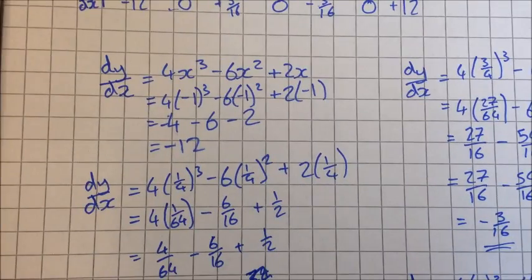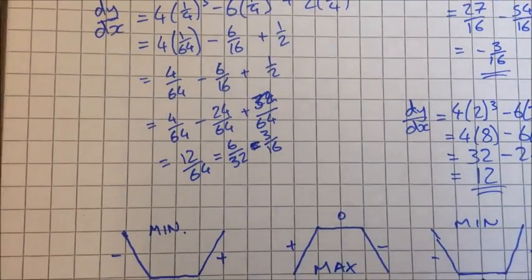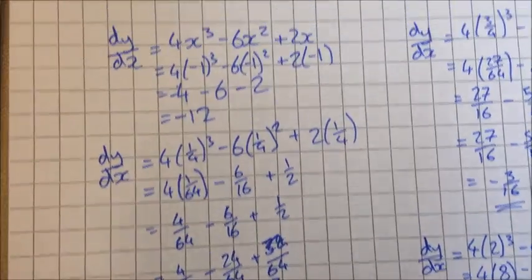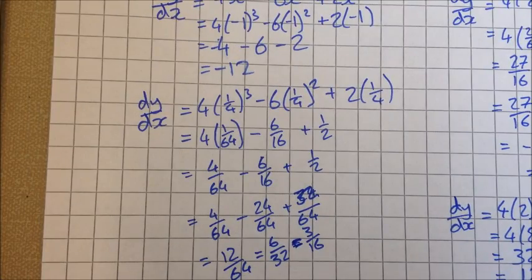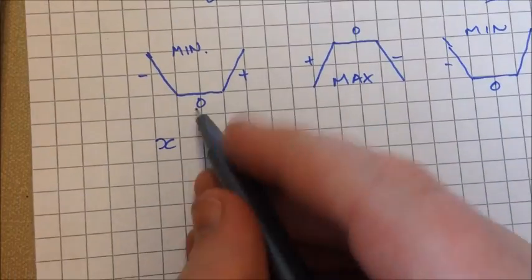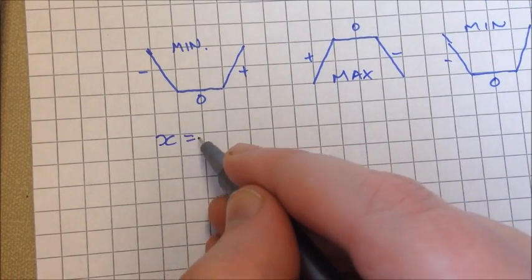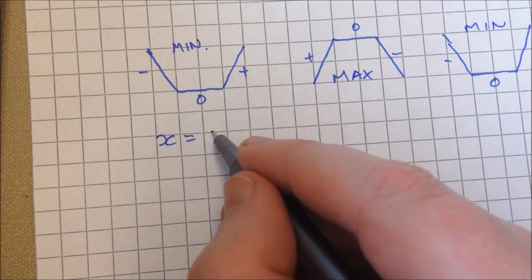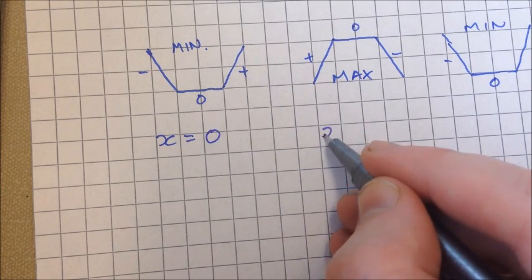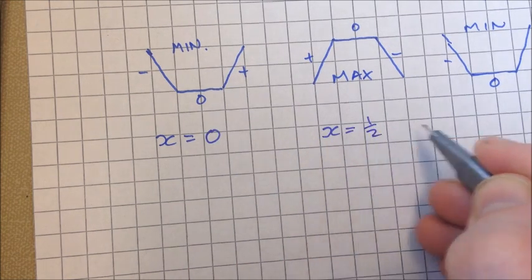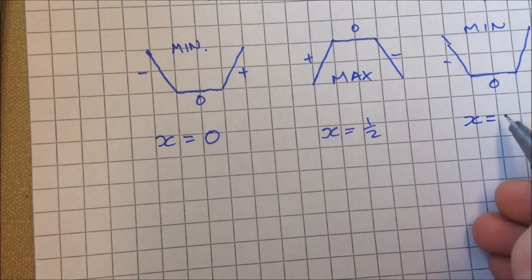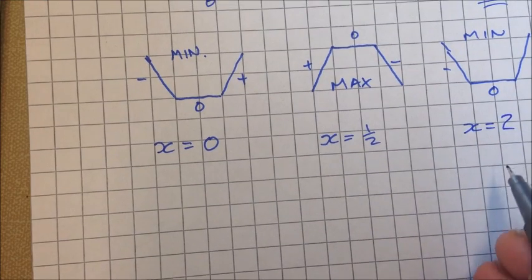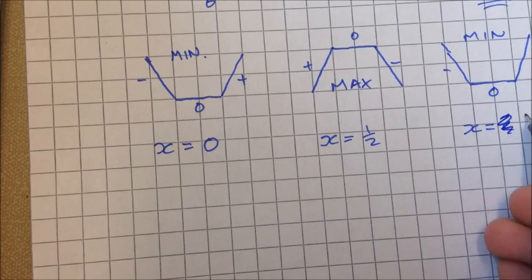Now to find out my three coordinates. Remember, my three x values from before were x equals 0, x equals a half, or x equals 1.